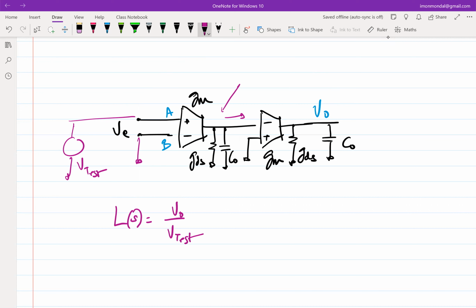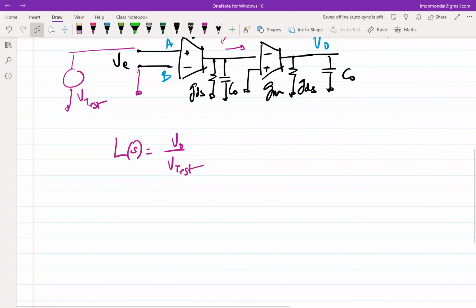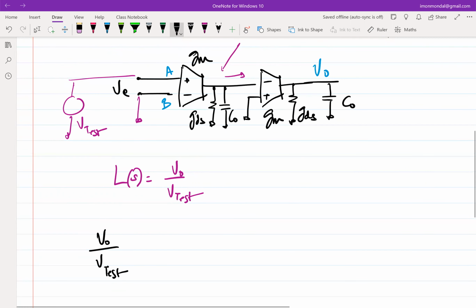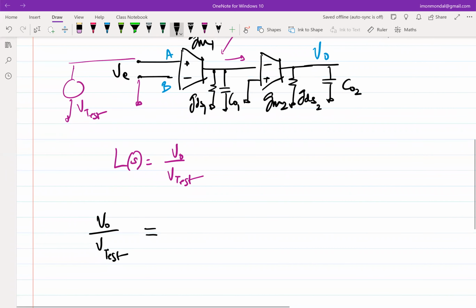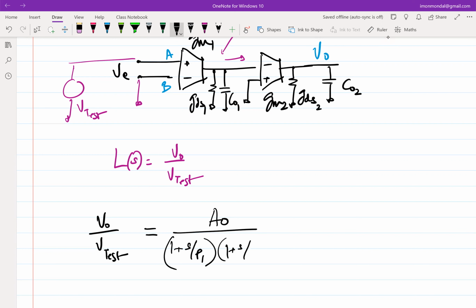Okay. So now what will be V0 over V test here? For the purpose of a bit more generality, let me call this one GM1, this GM2, GDS1, C01, GDS2, C02. So what will it be? If I express it in the form of some DC gain by 1 plus S by P1, 1 plus S by P2, what will A naught be?